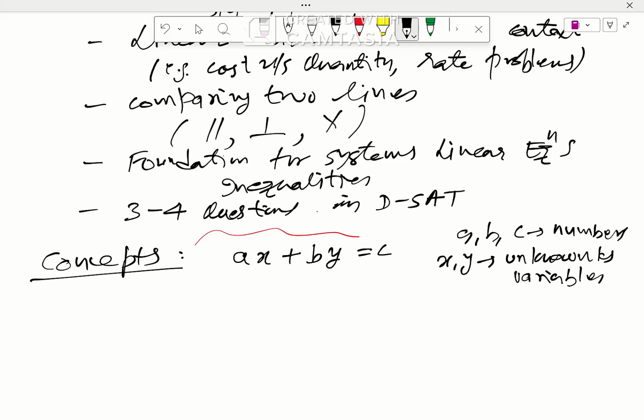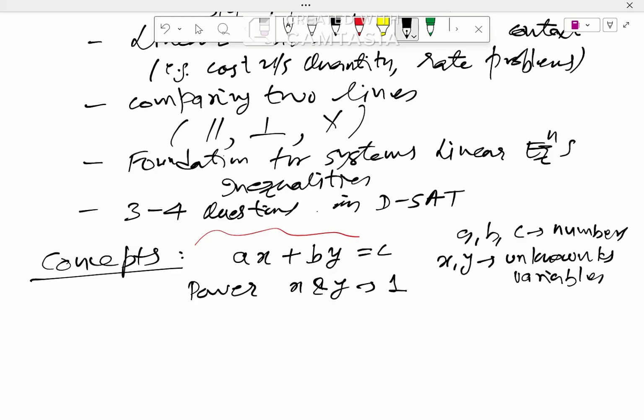Now the power of x and y has to be 1. It cannot be 2 or 3, otherwise it will become a non-linear equation. Because we are in the linear mode right now, their power has to be 1.